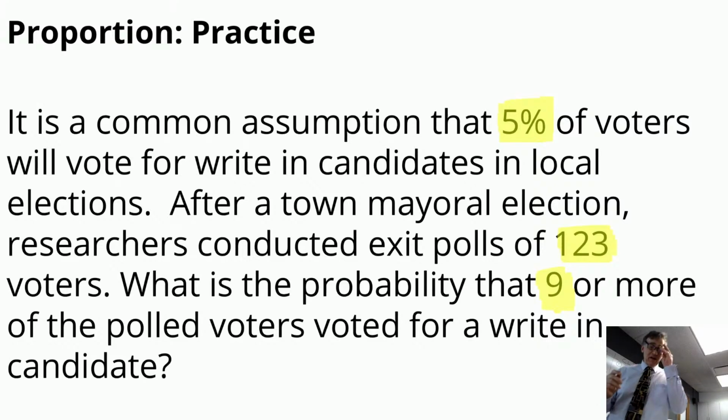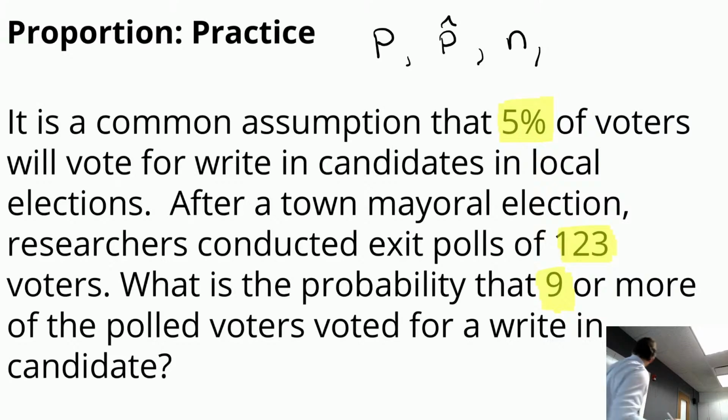So first things first, Lana, what about that 5%? What do you think that's going to be? I should probably give you a bunch of options to choose from. We could either be P, or P hat, or N. What else do we have up here? P hat, N. Yeah, that's pretty much it.